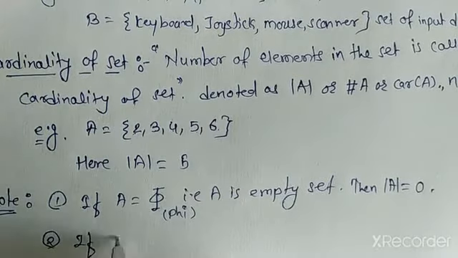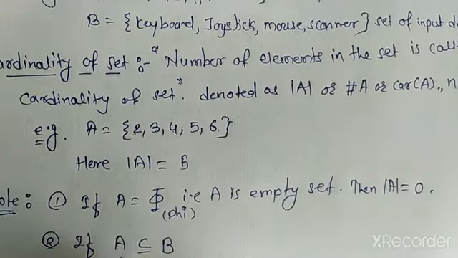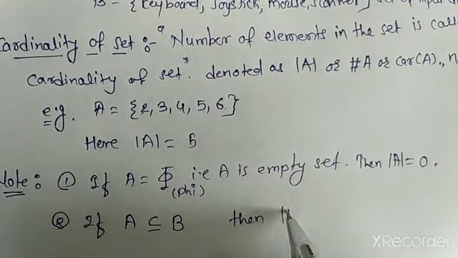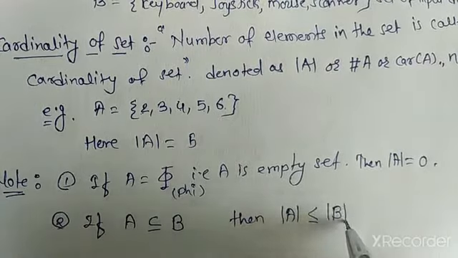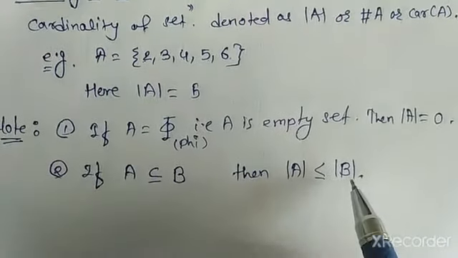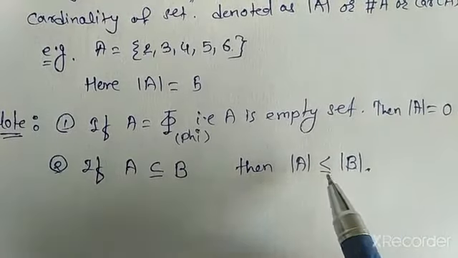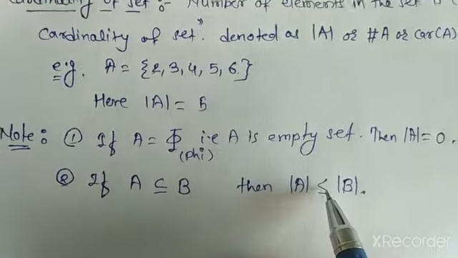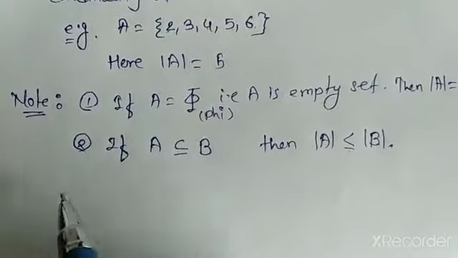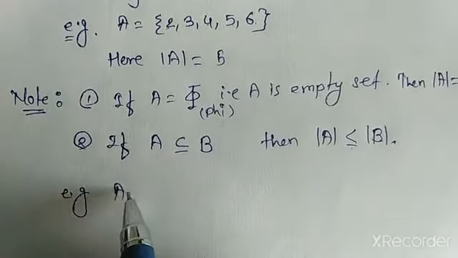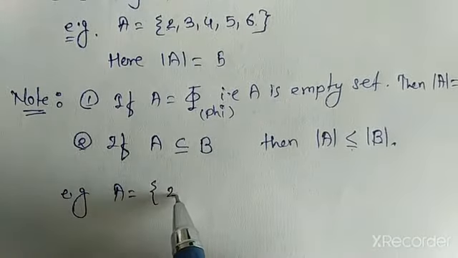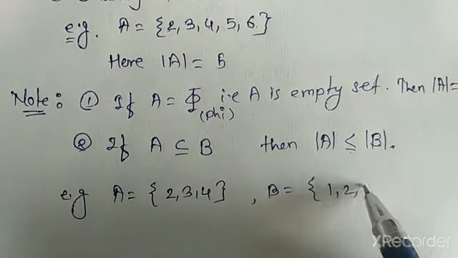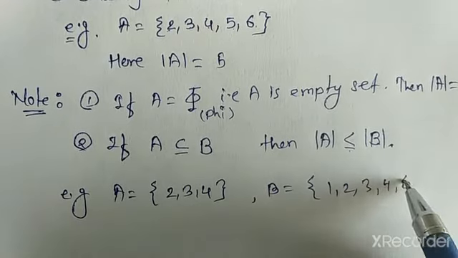Next, if A is contained in set B, that means A is a subset of B, then cardinality of A is less than or equal to cardinality of B. That means the number of elements in set B is greater than or equal to the number in A. For example, consider A equal to 2, 3, 4 and B equal to 1, 2, 3, 4, 6.